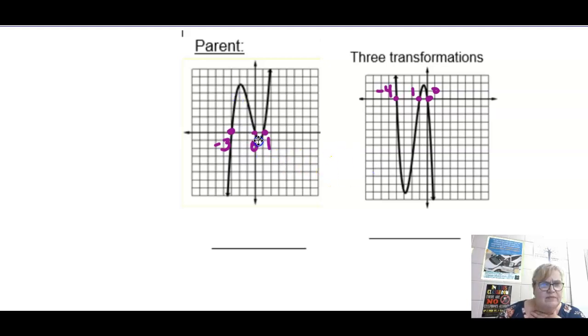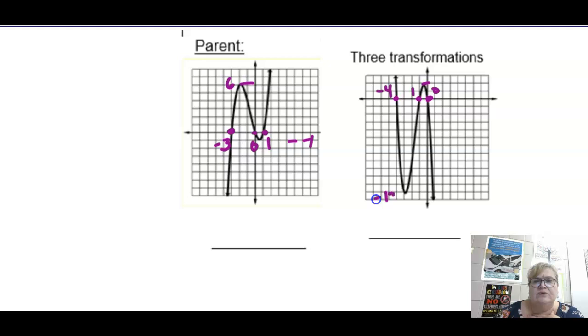Let's go top to bottom. This went from -1 up 1, 2, 3, 4, 5, 6. So it was a total of 7 units up and down. And now it is from the top here almost up to a 2 and down 1, 2, 3, 4, 5, 6, 7, 8, 9, 10, 11, 12.